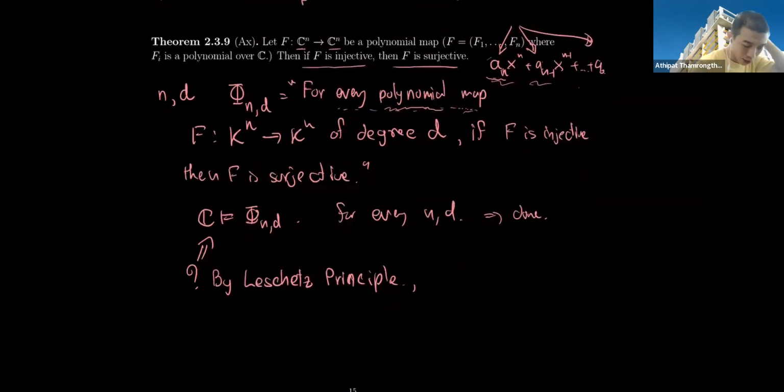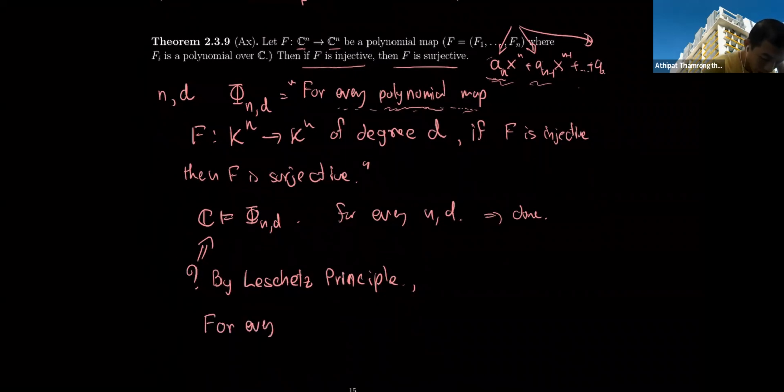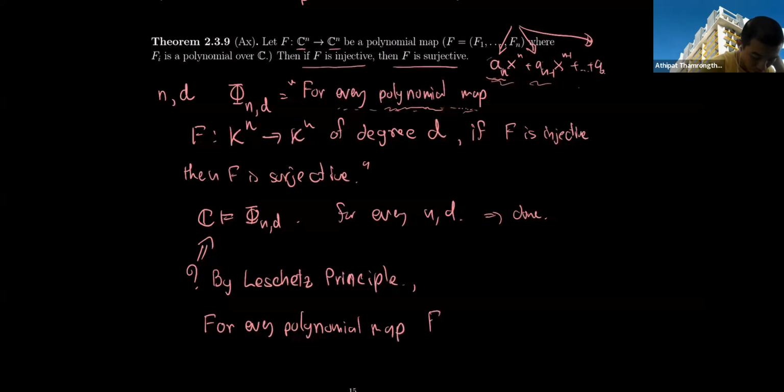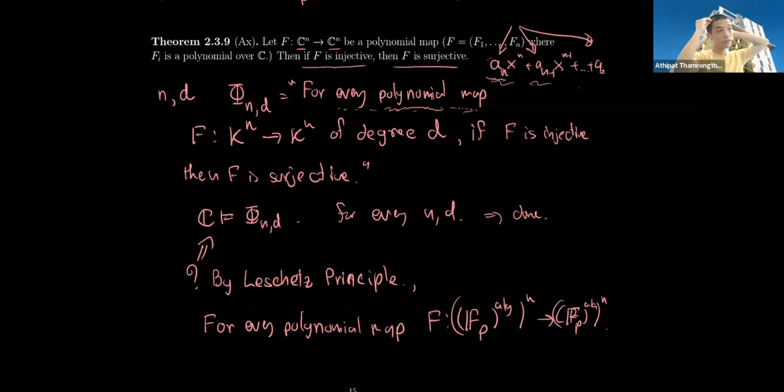The idea is that instead of considering every polynomial map in here, we consider every polynomial map f from the algebraic closure of the finite field of characteristic p to its n-th power, and show that if f is injective, then f is also surjective. And how do we do that?